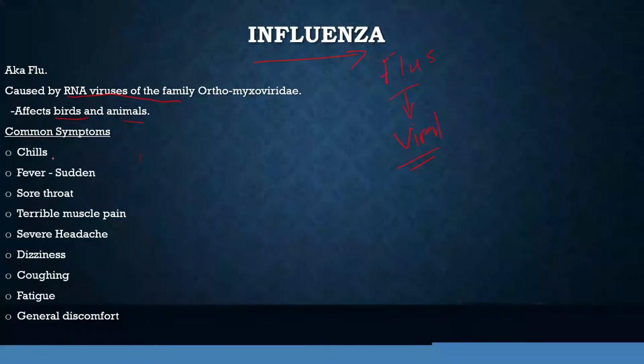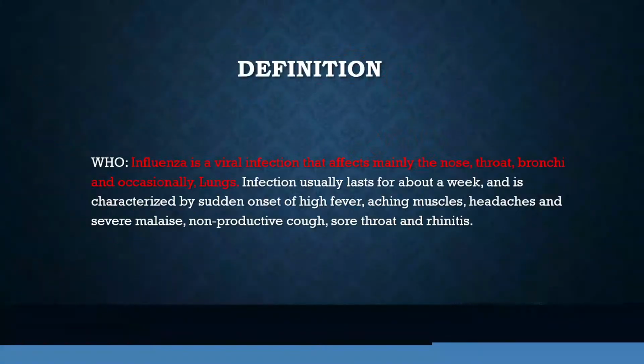You have chills, fever, and the fever is sudden, sore throat, terrible muscle pain, severe headache, dizziness, coughing, fatigue, the general discomfort. So those are the common symptoms for flus. And I've said flus are generally viral, and the viruses that normally cause flus are the RNA viruses.